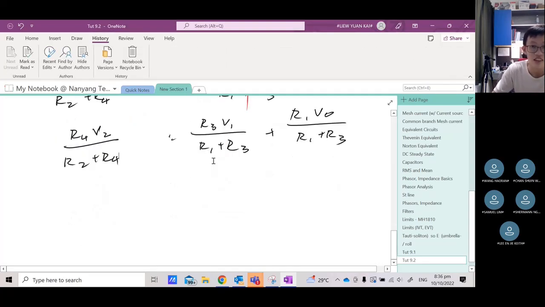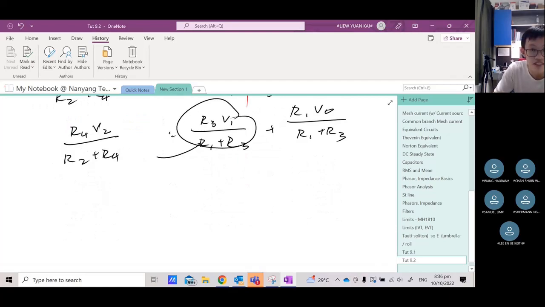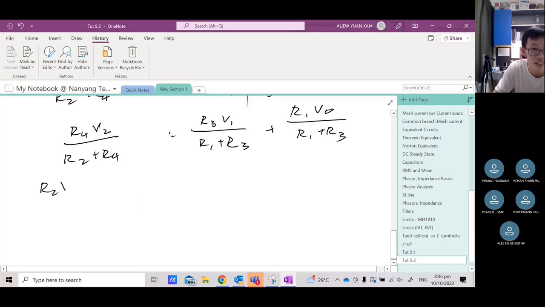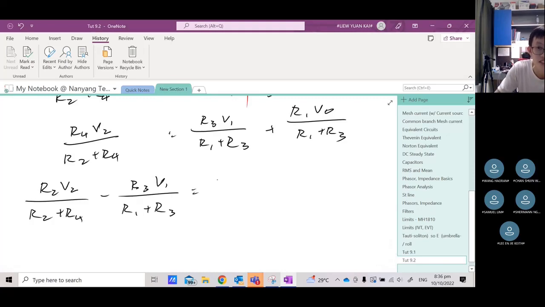What we do is move this one to this side. We should get R4 V2 over R2 plus R4 minus R3 V1 over R1 plus R3 equals R1 V out over R1 plus R3.